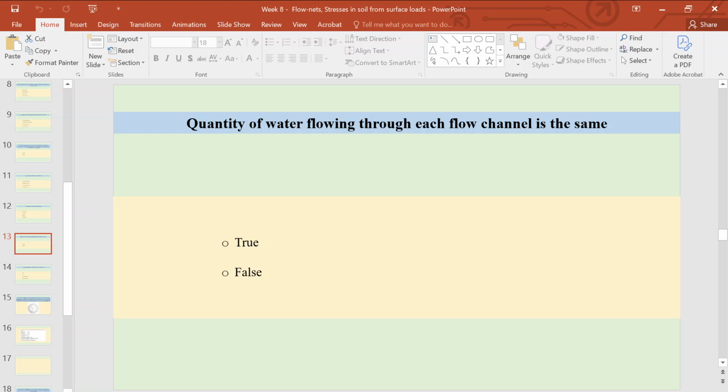Quantity of water flowing through each flow channel is the same. Is this statement true or false? Next question.